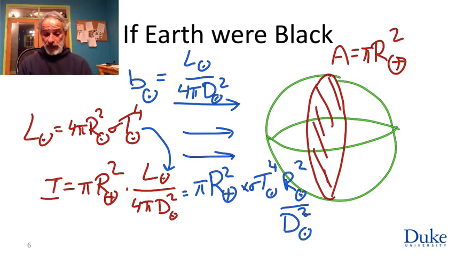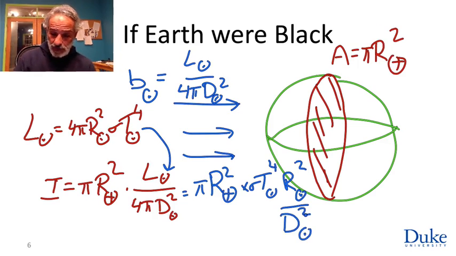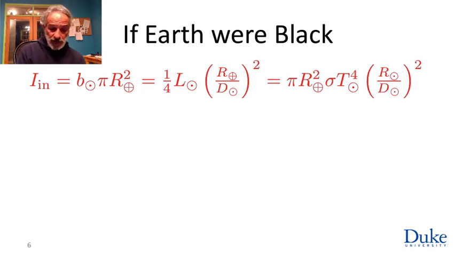So this is my expression. I will rewrite it more neatly, but this gives me an expression for the total rate at which the Earth receives sunlight. Some pi's have been cancelled, and I've rearranged the factors slightly, but notice that this depends on both the Sun's size and temperature and our distance from the Sun, as well as the radius of the Earth. Okay, this is the rate at which Earth would absorb energy.